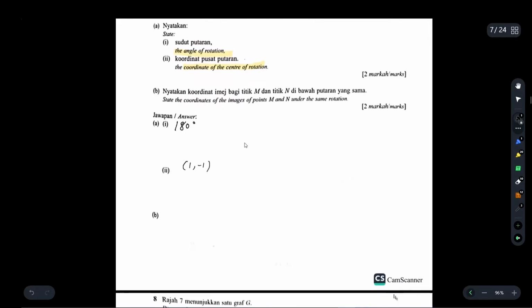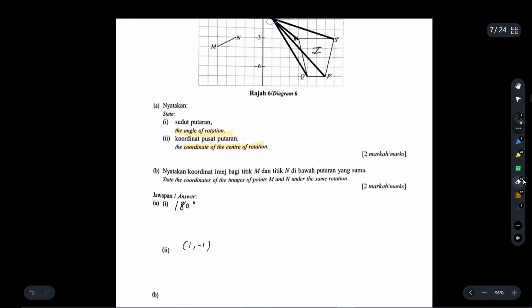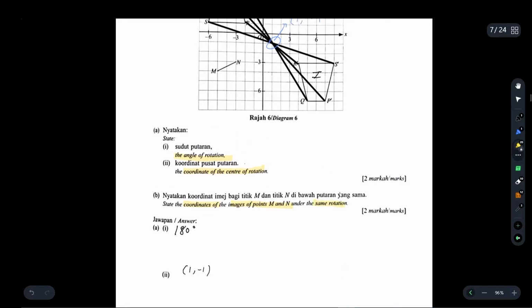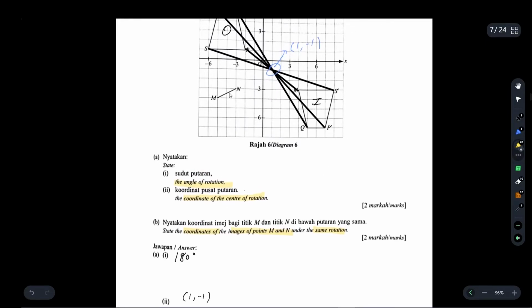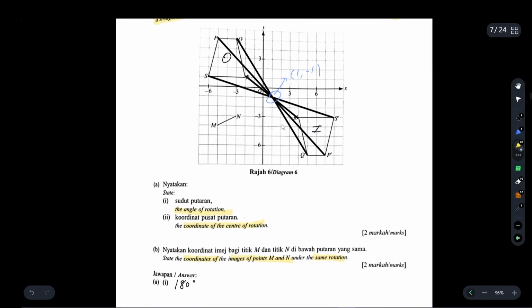And right now we have to find the coordinate of the image of points M and N under the same rotation. That means it will go through the same transformation as the trapezium PQRS, and the same goes for its center of rotation. Now what I would like to do is something like a staircase.